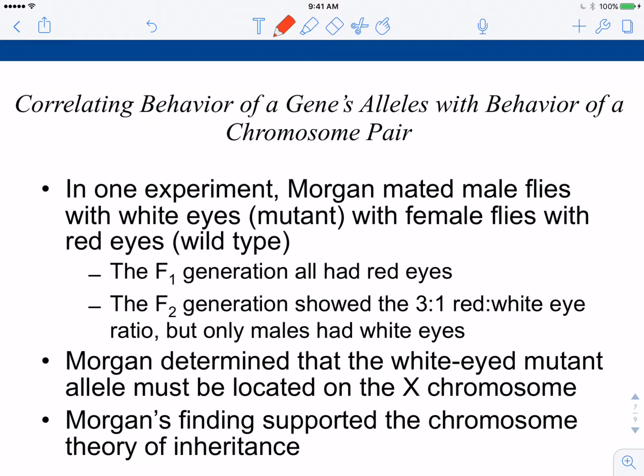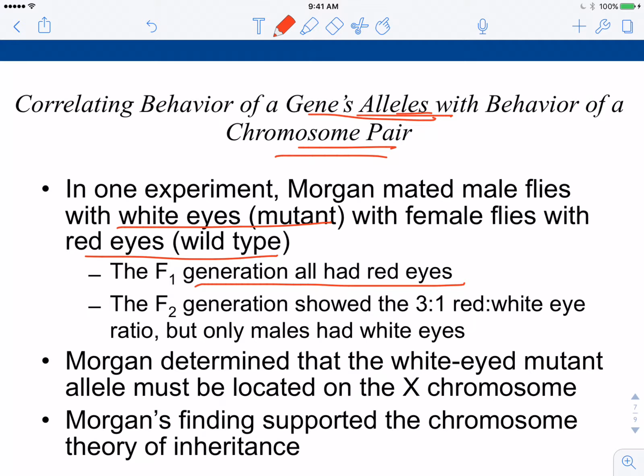In one of Morgan's experiments, which helped look at the behavior of alleles with the behavior of chromosomes, Morgan mated male flies that were mutant with female flies that were wild type. As expected with a dominant red-eye gene, the F1 generation all had red eyes.